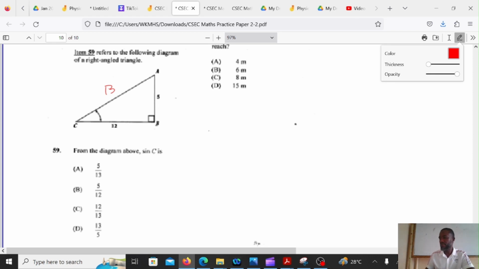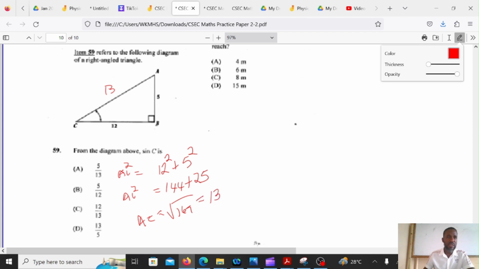So therefore, we have 13 squared, we have 12 squared plus 5 squared. 12 squared plus 5 squared will give you 144 plus 25. So therefore, AC squared is equal to that. Okay, so therefore AC is equal to the square root of 169, which is equal to 13. So therefore, this side here is equal to 13.